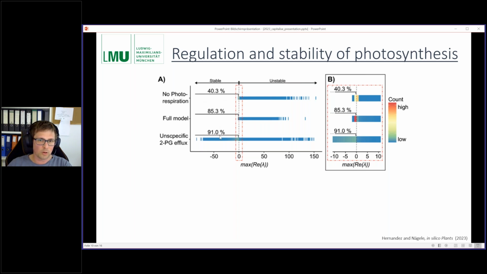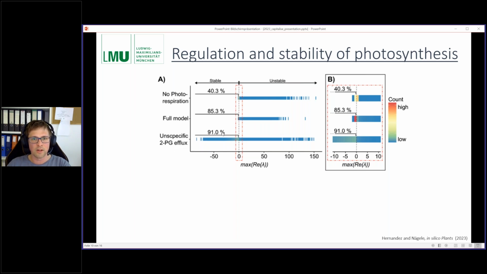So might it also be possible, or even better in terms of stability, to not go through peroxisome and mitochondria and come back to the chloroplast? That's why we inserted here in our in silico model an unspecific 2PG efflux, to get rid of this inhibitory compound.